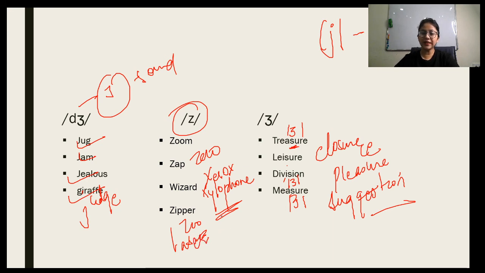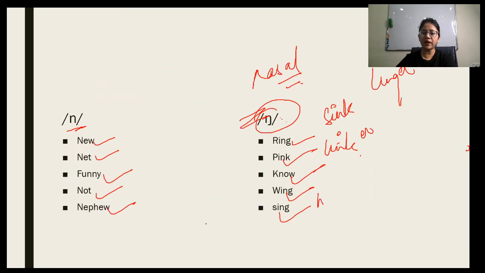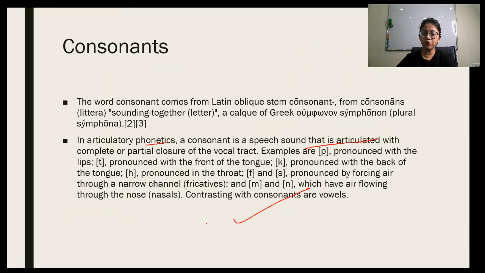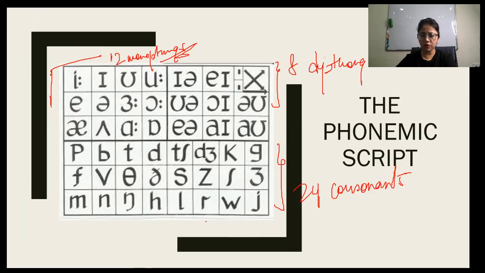Alright. Okay, guys. So with that, we come to the end of the 13 consonant sounds. And like I told you earlier, I will revise the other monophthongs and diphthongs with you quickly. So we've got right out here the 12 monophthongs.